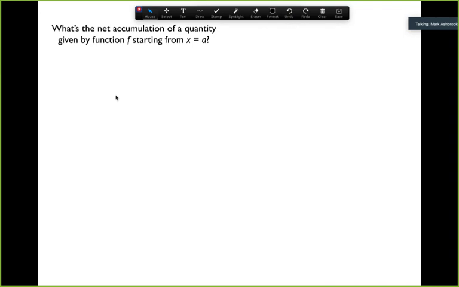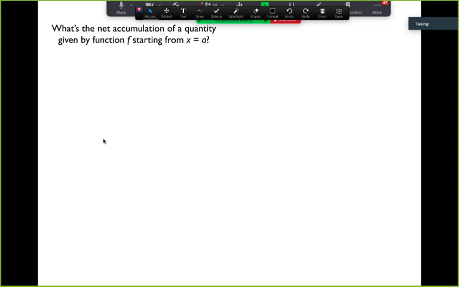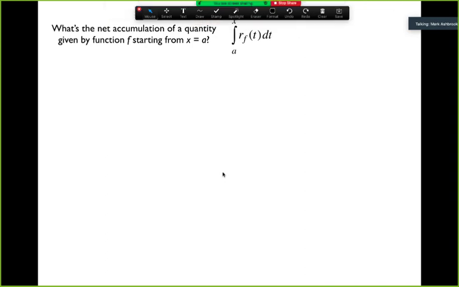The rate of change of f, and I'm going to set up what? Integral, right? Yeah. And here's this integral we've been working with all semester. We need the rate of change of whatever that quantity is. We're going to do the integral from a to x of the rate of change t dt.